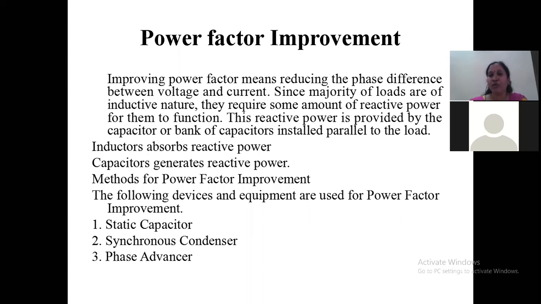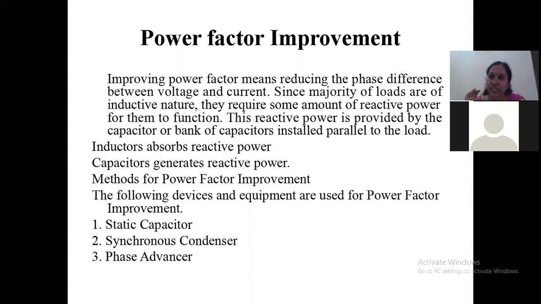I told you before also regarding the active power and the reactive power topics. I told you how the reactive power is going to be generated in the circuit. What is the reactive power? It is the power delivered by the load to the supply.